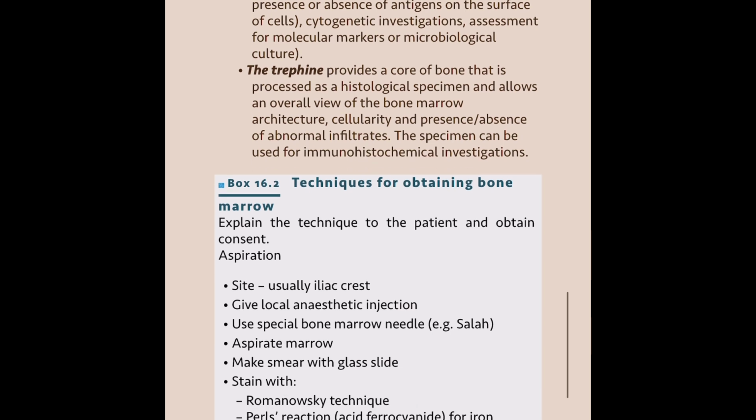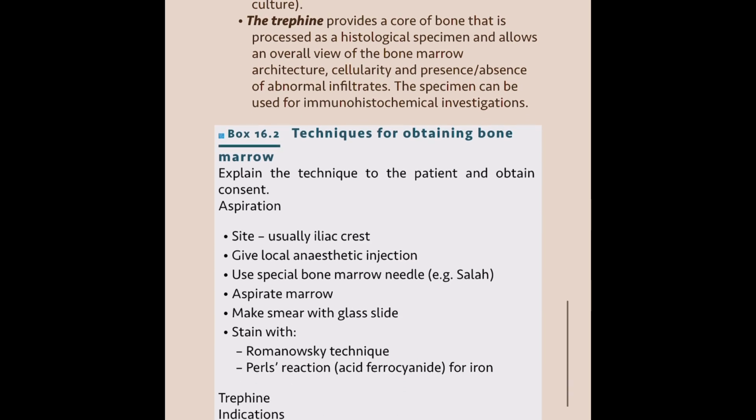Use a special bone marrow needle called Salah. Aspirate the marrow. Make a smear with a glass slide. Stain with the Romanowsky technique. Perls' reaction: acid ferrocyanide for iron.